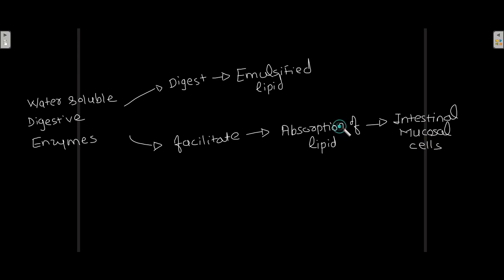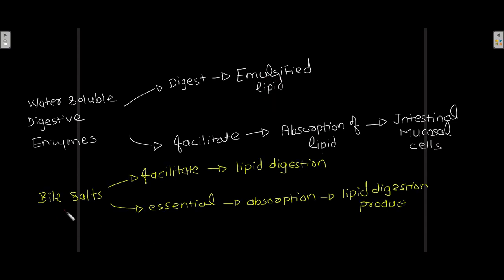Bile salts facilitate lipid digestion by emulsifying the lipids, and they are also essential for the absorption of lipid digestion products.